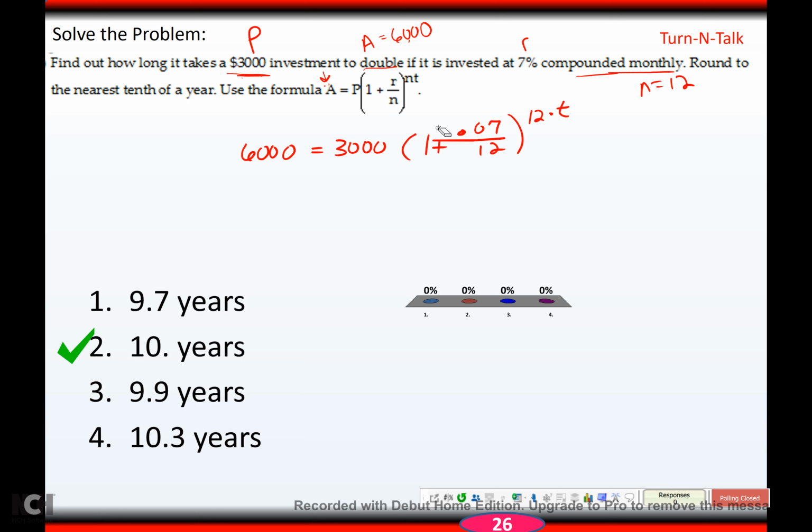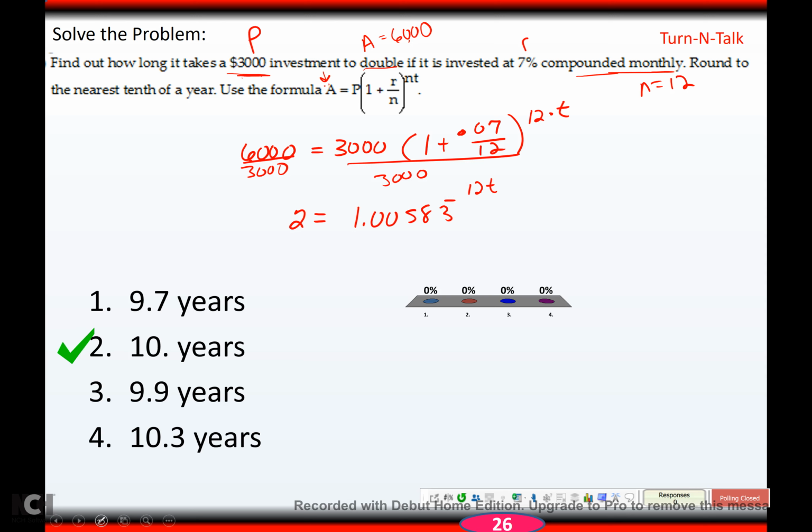I am going to first divide by 3,000, which gives me 2 equals, I'm going to type what's inside, 1 plus 0.07 divided by 12. And I get 1.00583 repeating to the 12t.